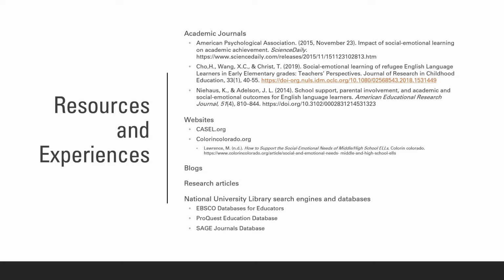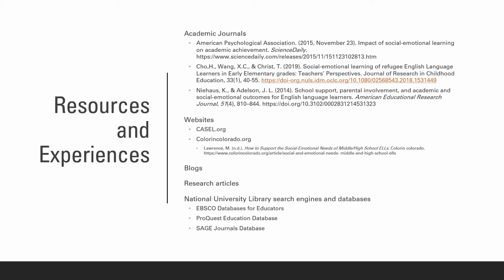Some of the resources that I have are from academic journals, websites, blogs, research articles. One prominent one is from castle.org. This website has everything on social and emotional learning, which includes strategies, resources, and research articles based on social and emotional learning within the classroom.